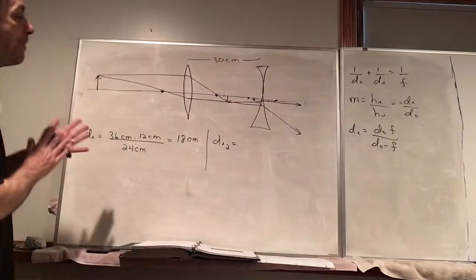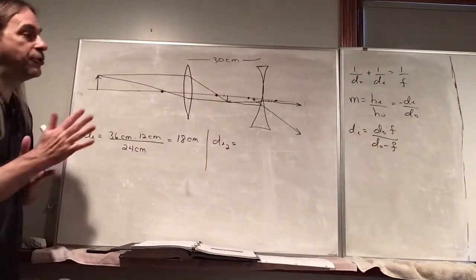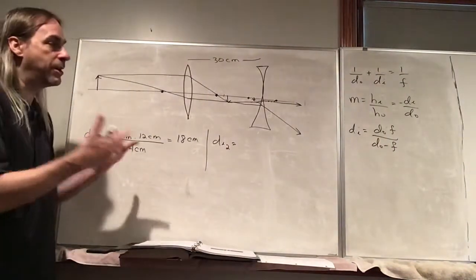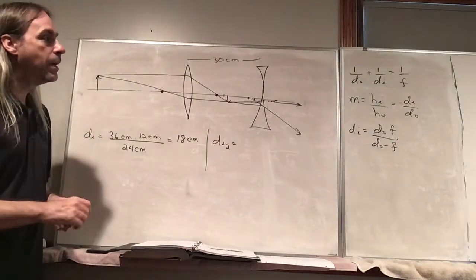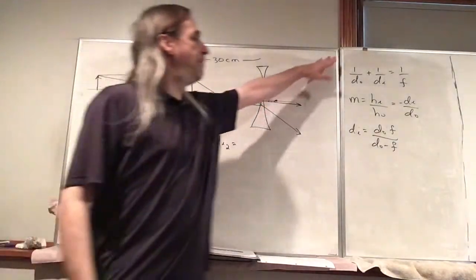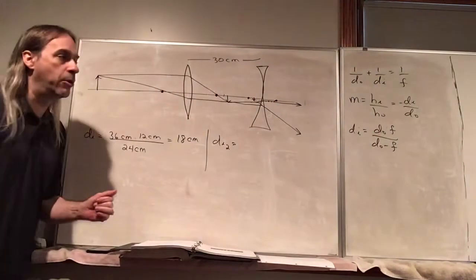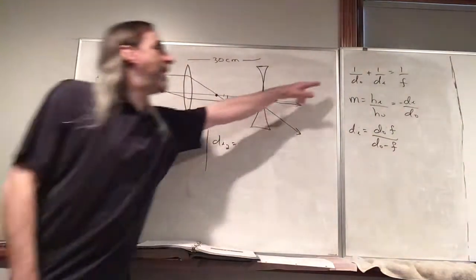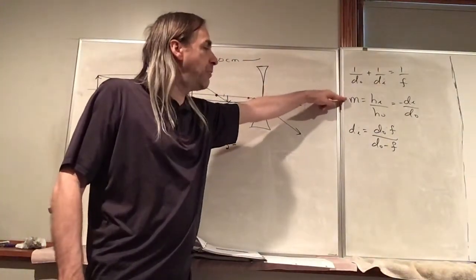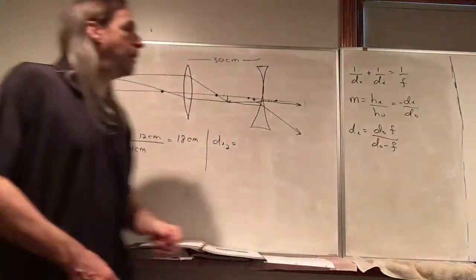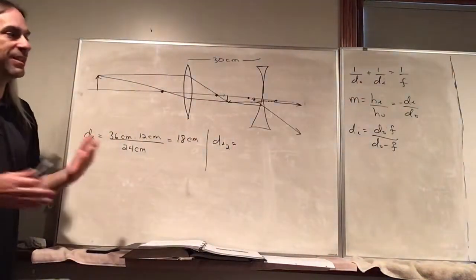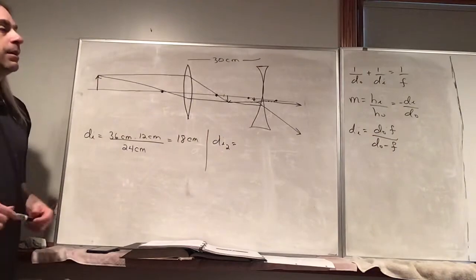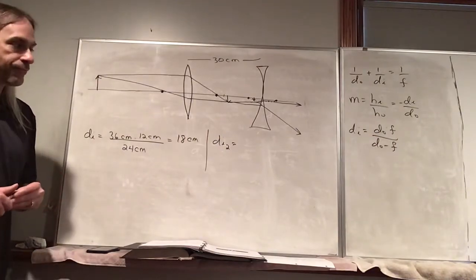But anyways, let's get back to combination lenses. That's what we're going to start with reviewing today. What's on the board here is nothing new. We have the thin lens equation, the magnification equation, and how the image and object distances relate to the height of the image and the object.